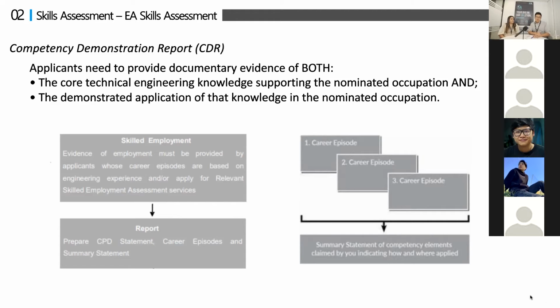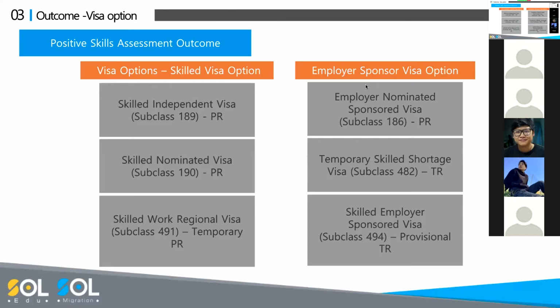So for the career episodes, if you decide to go through CDR, you must clearly check the skill assessment guidebook and then provide very detailed and strong, 3 separate career episodes. Then you can definitely still pass the skill assessment. We already have many cases of students passing the skill assessment through the CDR process.